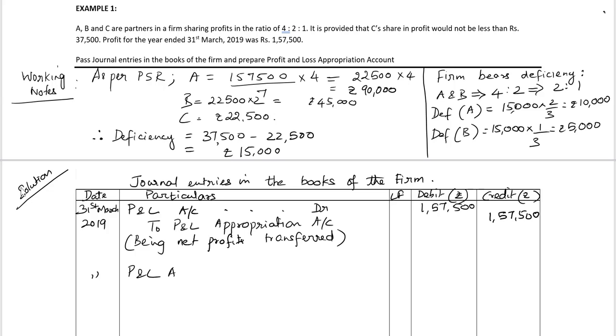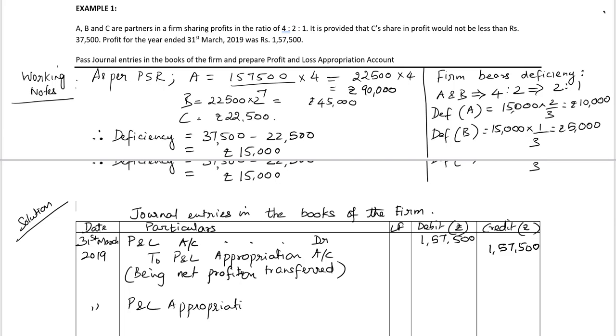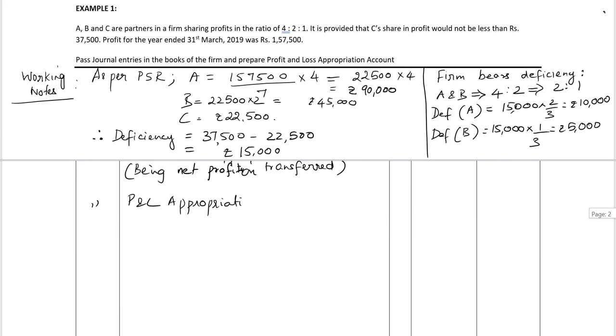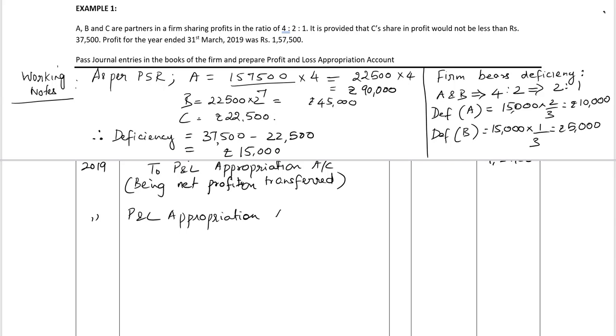Profit and loss appropriation account debit 1,57,500 to A capital account, to B capital account, to C capital account.